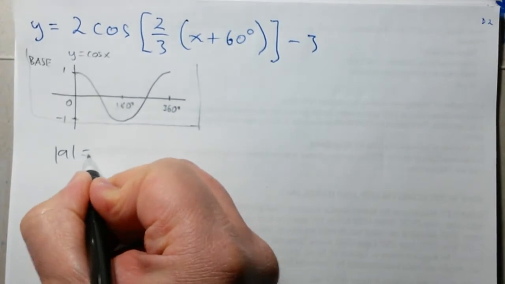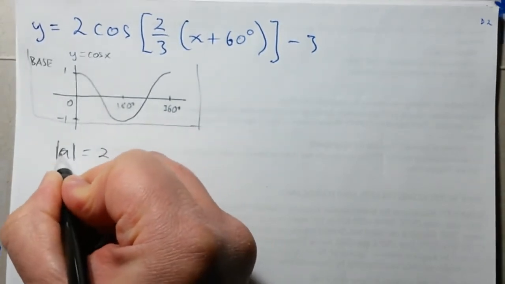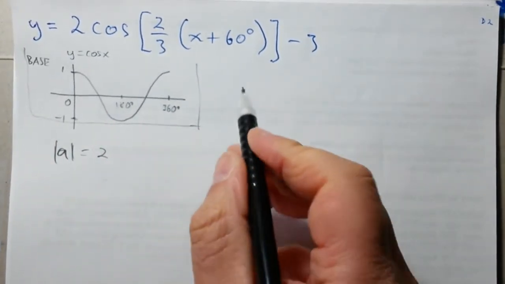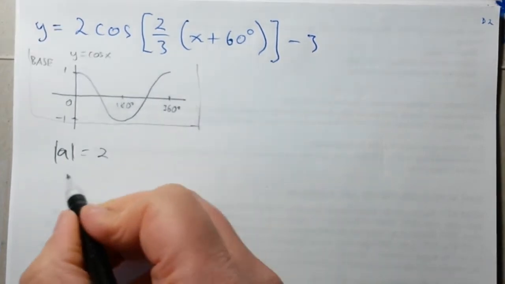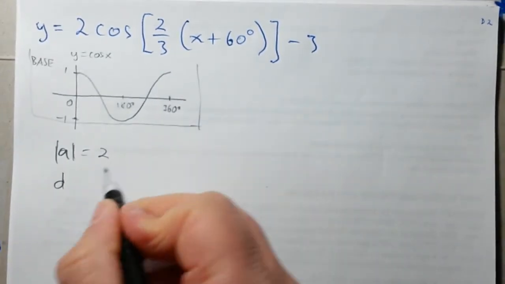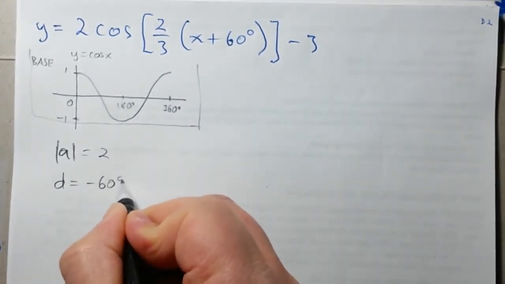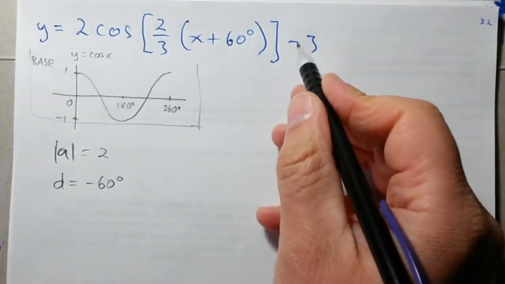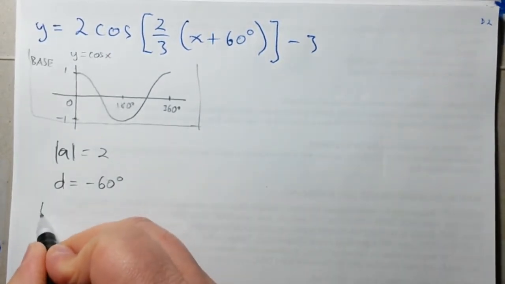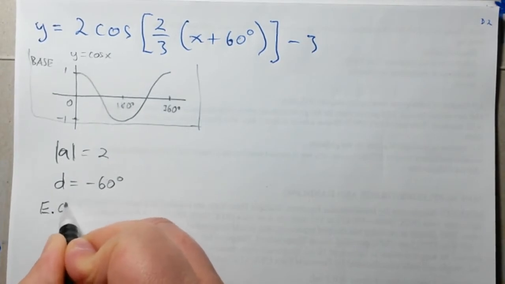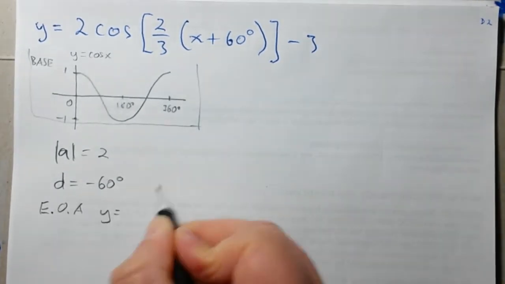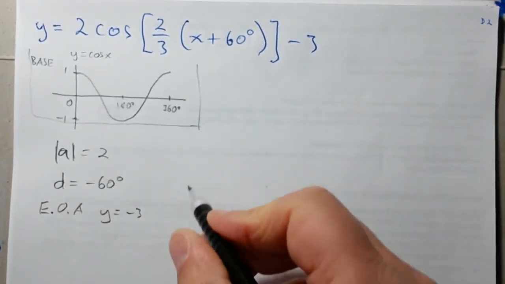So the amplitude is equal to 2. The d value is a shift of 60 degrees to the left, so d equals negative 60. That's where we're going to start our graph. Our equation of axes is y equals negative 3.